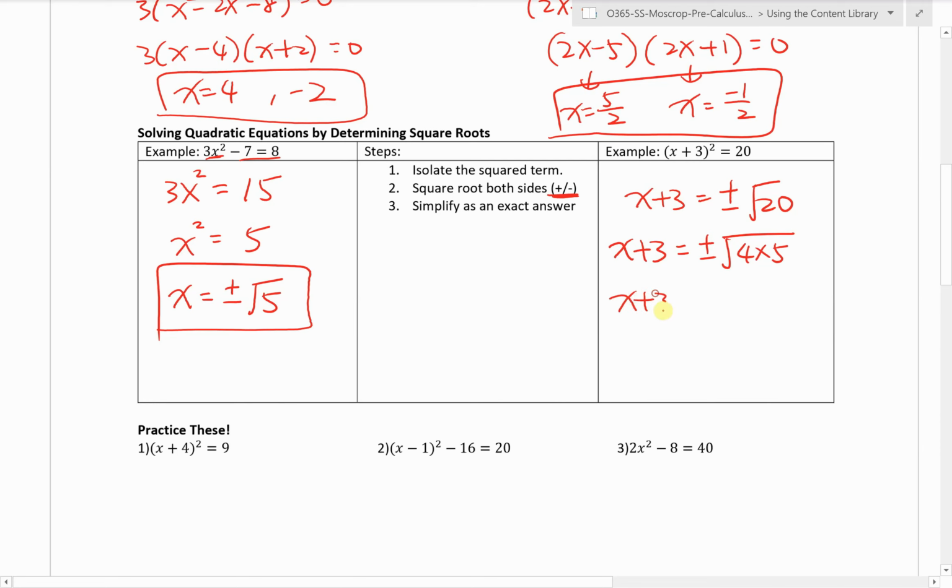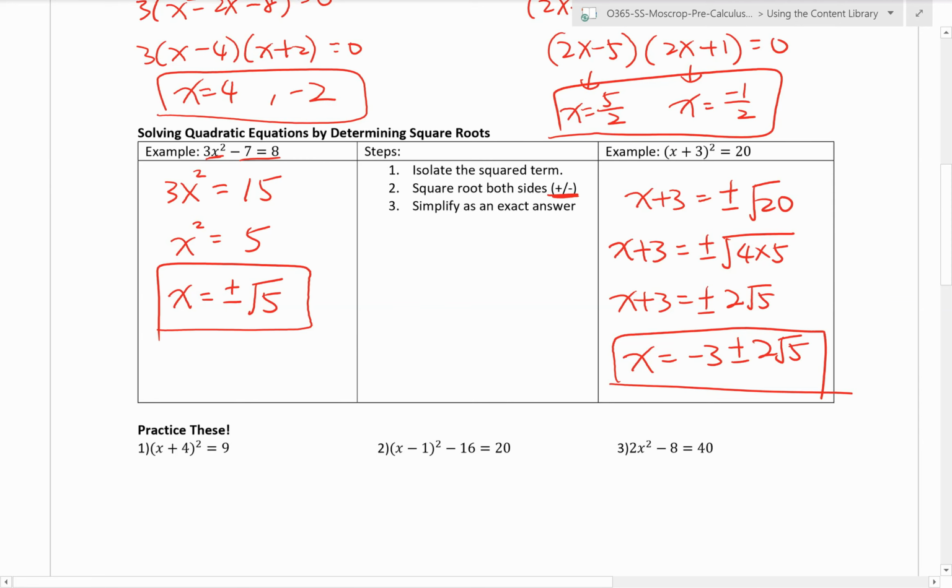We can take the square root of 4 out, so that's plus or minus 2 root 5. And finally, to solve for x, we move the 3 to the right, so you get x equals negative 3 plus or minus 2 root 5. Or you can write it as plus or minus 2 root 5 minus 3. Either way, it doesn't really matter. And there's your answer, two solutions.